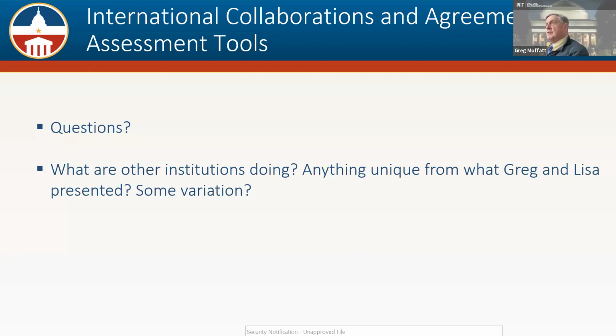We do work very closely with our offices of international scholars and international students. Oftentimes these would not come under the IIC tool that I've been talking about today. But we do work very closely, particularly with respect to potential visitors, and we're looking at the same types of issues.